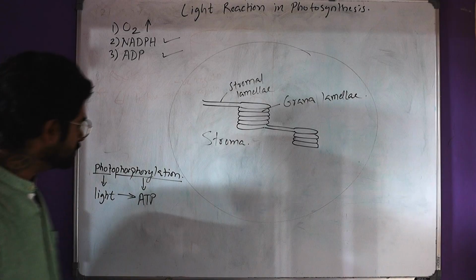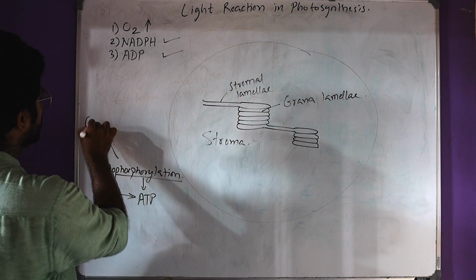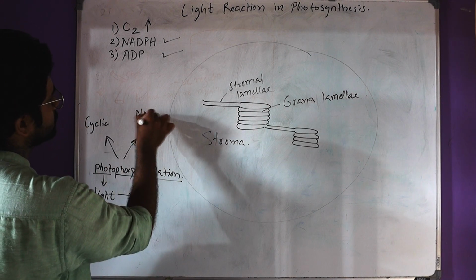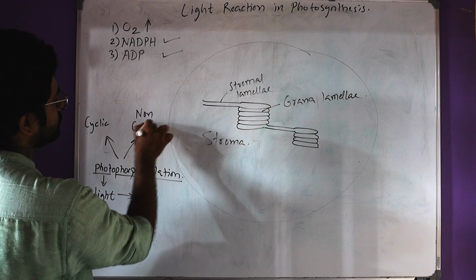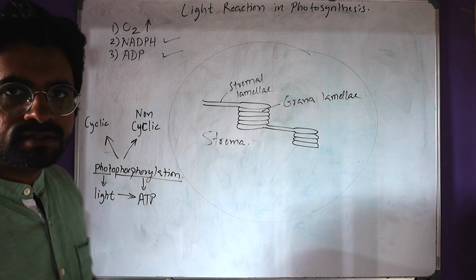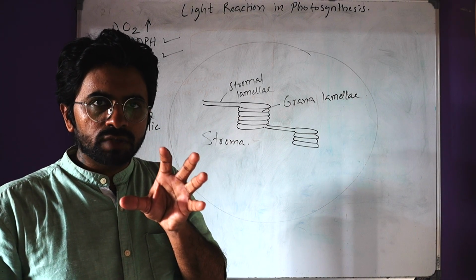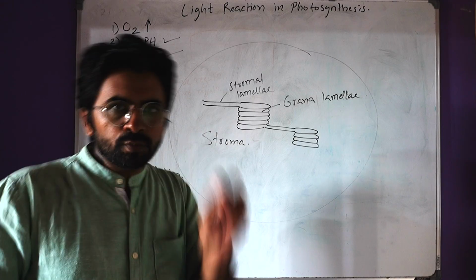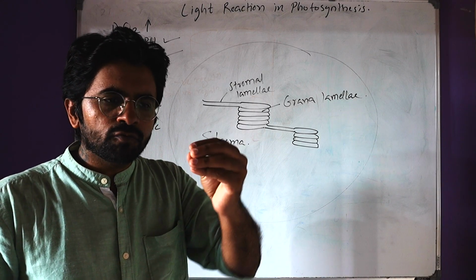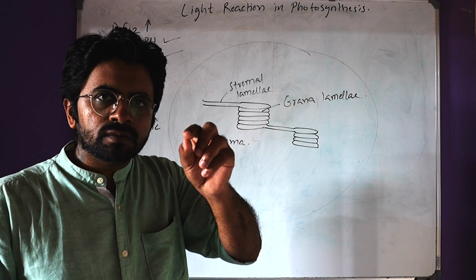I am saying that photophosphorylation is of two types, cyclic and non-cyclic. The word cyclic suggests that there must be some kind of a cycle. Okay, there must be some kind of a loop to be completed. So something might be starting from a starting point and coming there again.